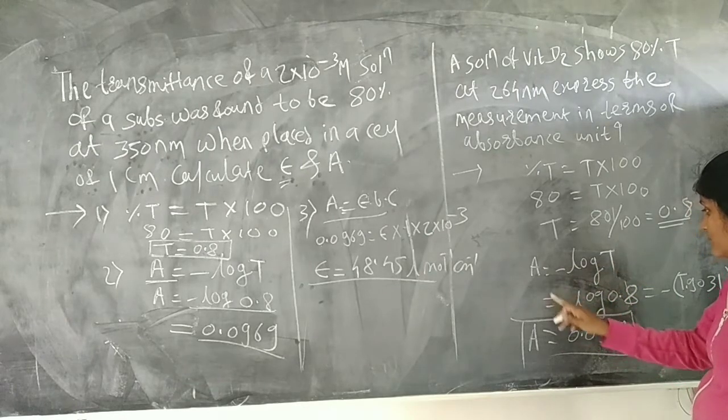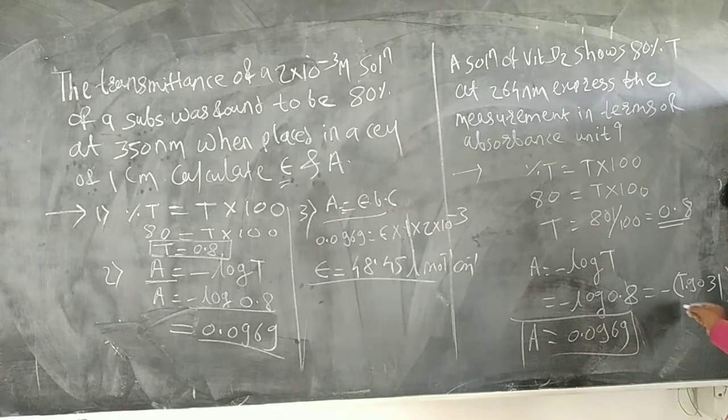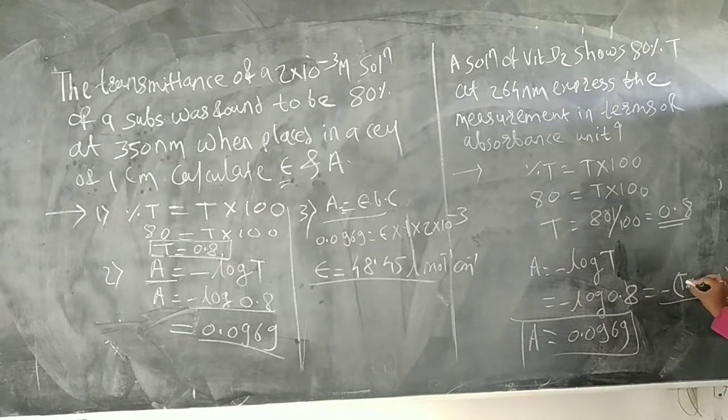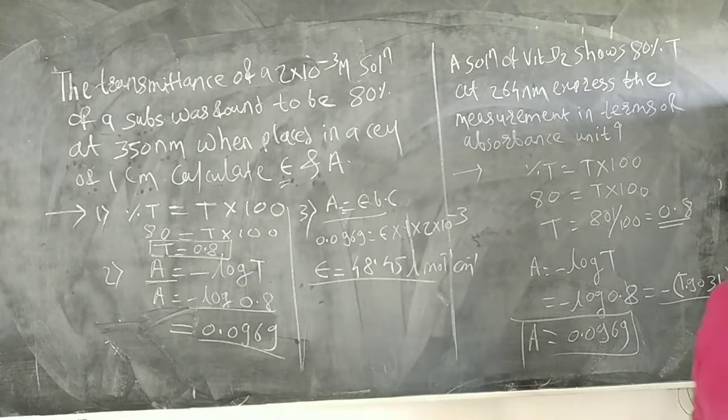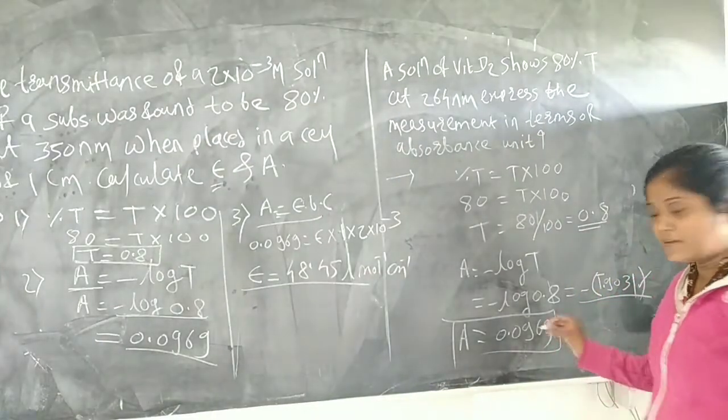So for the absorbance value, after taking the log, minus log 0.8 is the antilog of minus 1 bar 0.9031. See here, you should clear this point.